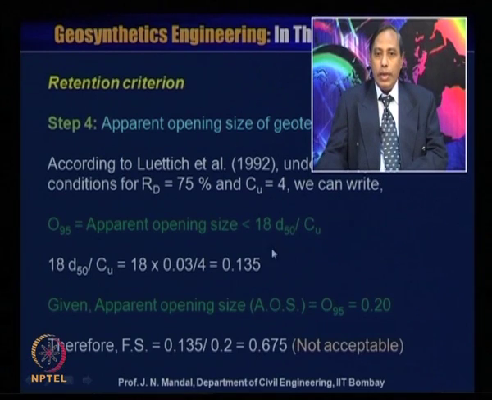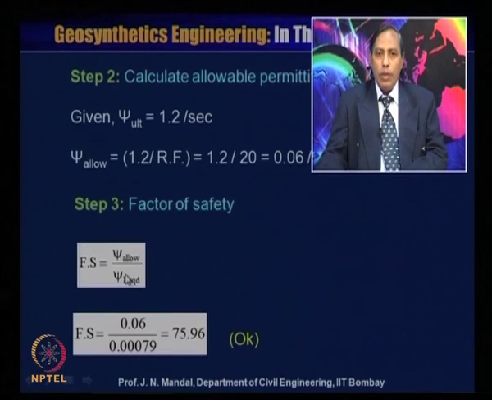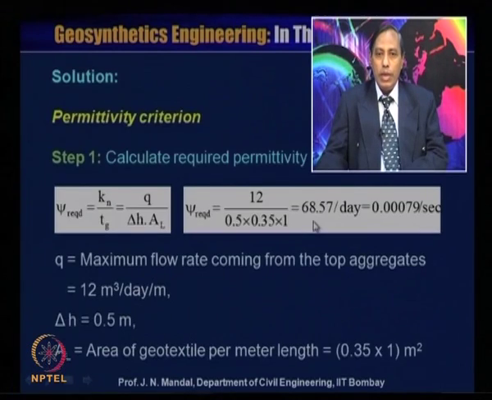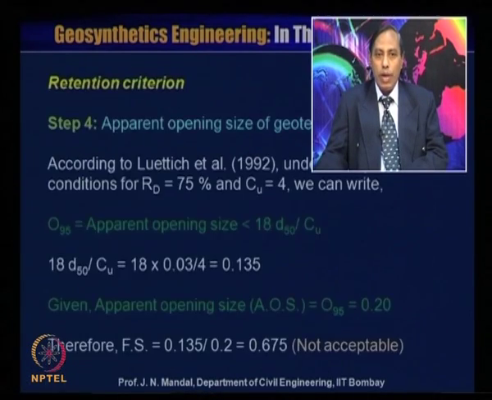So, what is 18 D50 by Cu? D50 is given as 0.03 millimeter, and Cu is equal to 4. Substituting these values, we can write 18 into 0.03 divided by 4, which is 0.135.